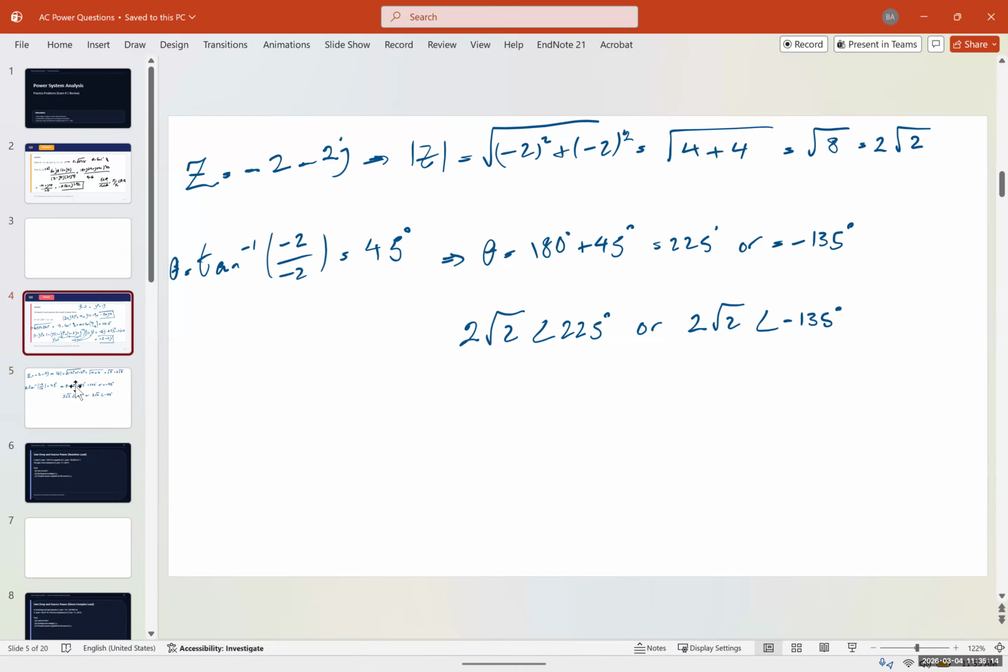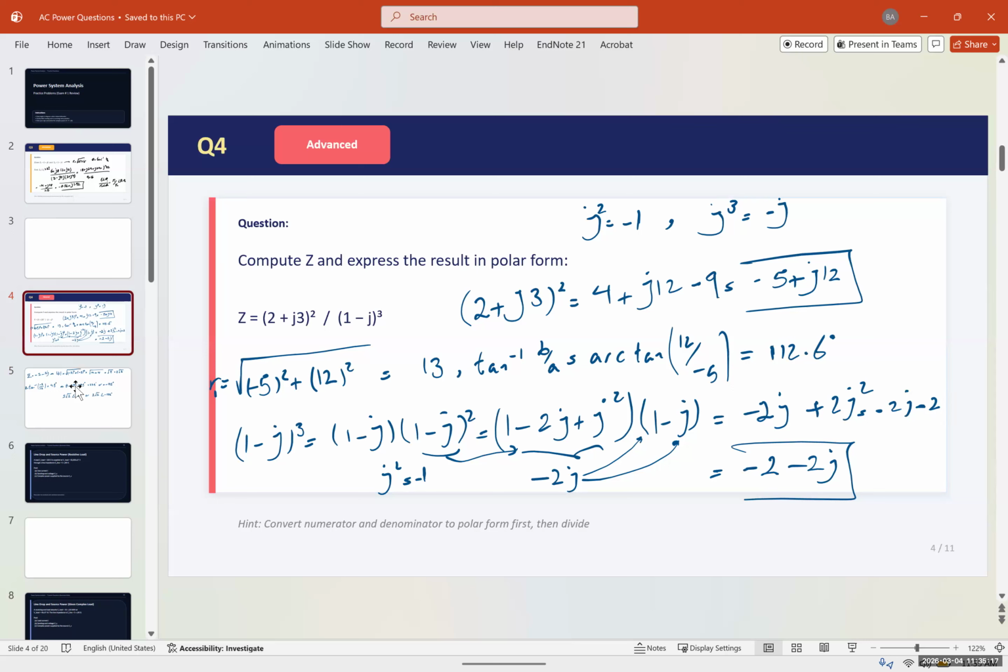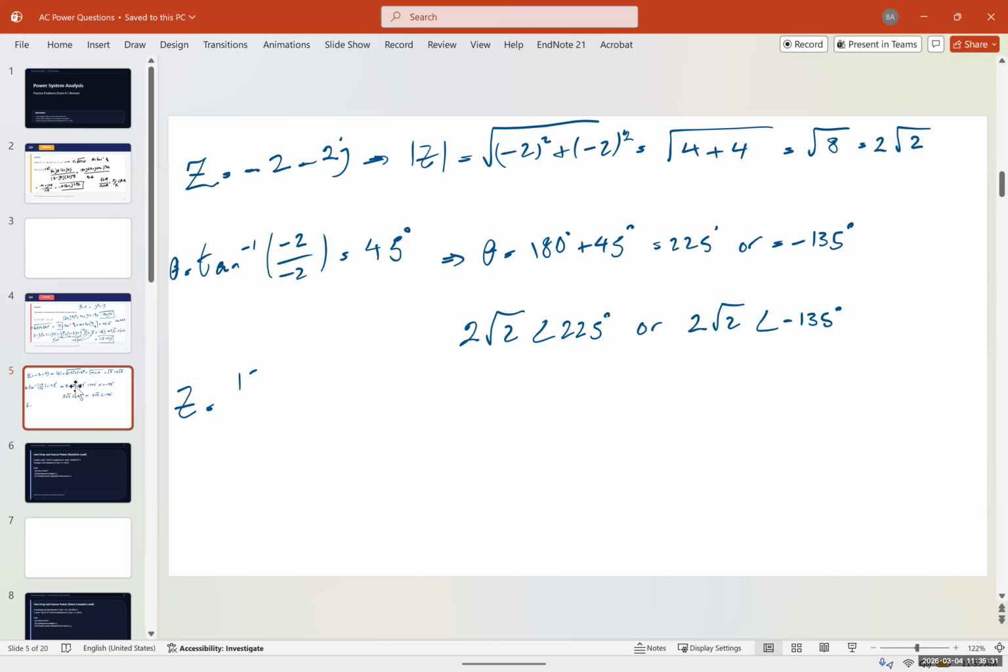Now that we have the first one, what was the first part? The first one was 13 with the degree of 112.6 degrees. So Z would be 13 with a degree of 112.6 degrees, and the denominator would be 2 square root of 2 with a degree of negative 135 degrees.